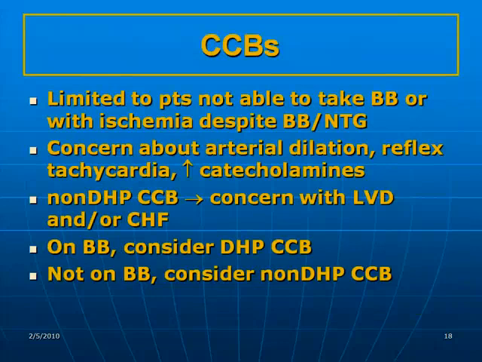The non-dihydropyridine calcium channel blocker, obviously we have concerns if you have a low ejection fraction or heart failure. If the patient's on a beta blocker, and they have a need to have a calcium channel blocker added, use a dihydropyridine. There's less effect on contractility. There's less effect on conduction.